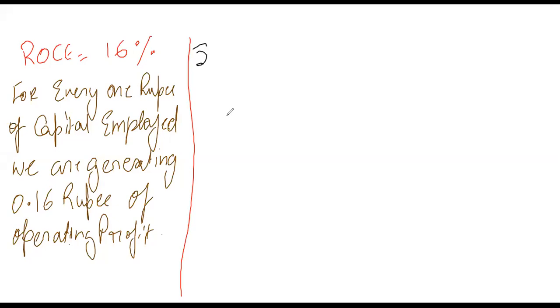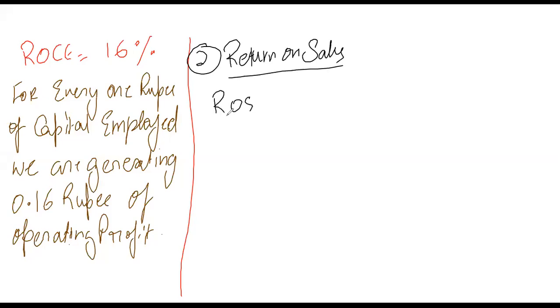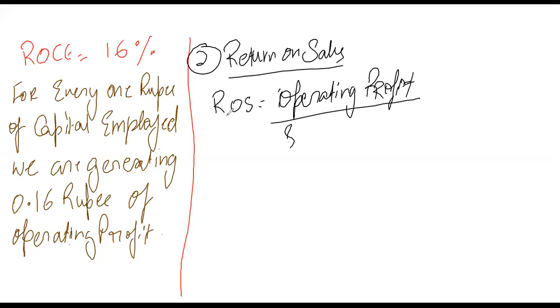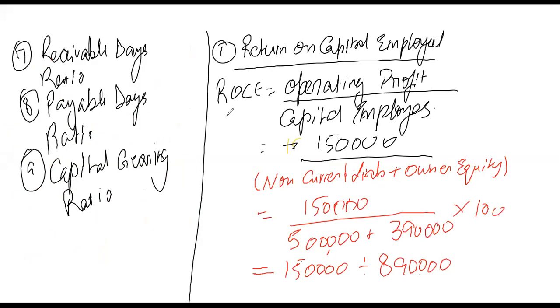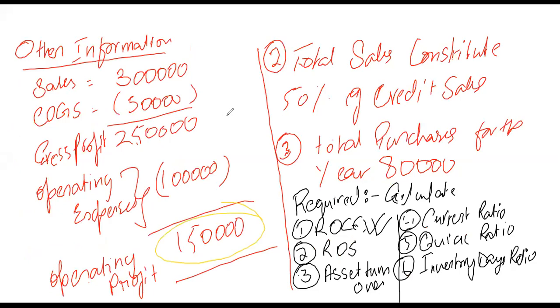Okay, so the second formula that we'll be using is return on sales. How do we calculate return on sales? ROS is equal to operating profit divided by the value of sales. So what is our operating profit? We have been given operating profit. We have also been given sales value.